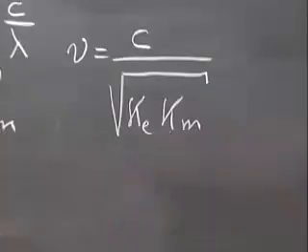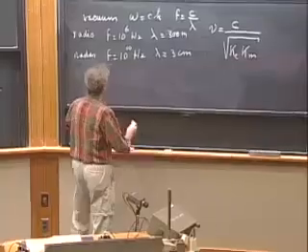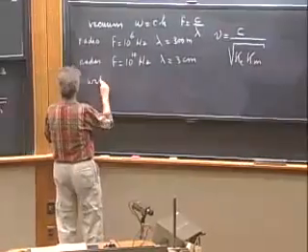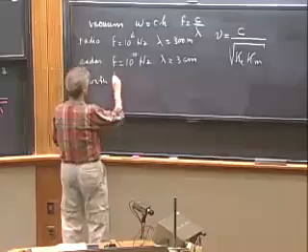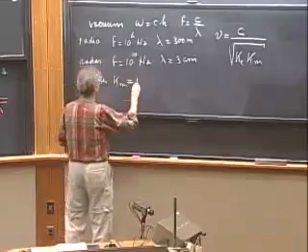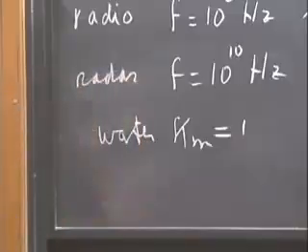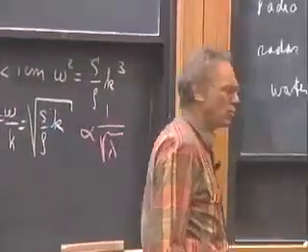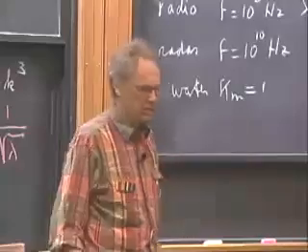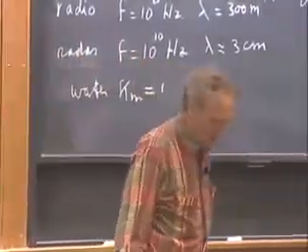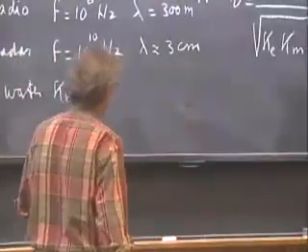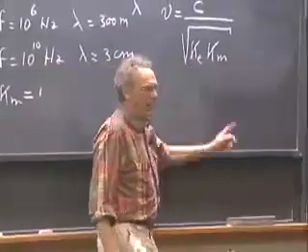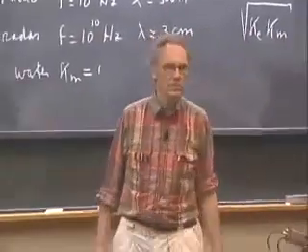So if I take water as an example, for which kappa m is very close to 1, because water is not a ferromagnetic material, and all materials that are not ferromagnetic have a kappa m, relative permeability, very close to 1.0000. So forget kappa m now, but I'll show you the enormous frequency dependence of kappa e, of the dielectric constant.